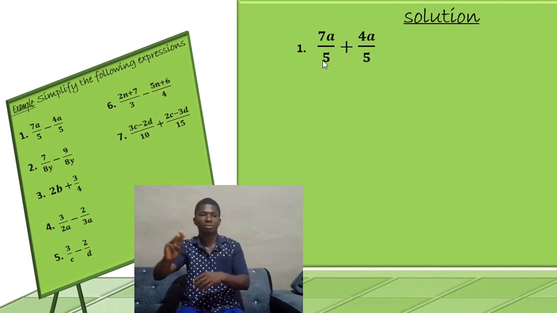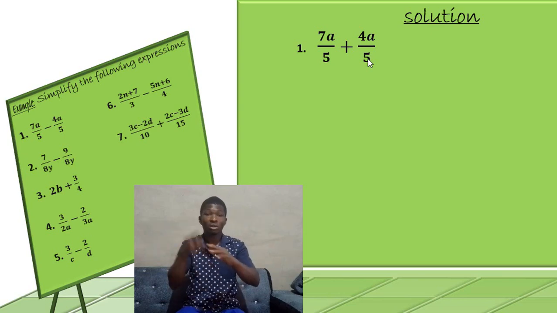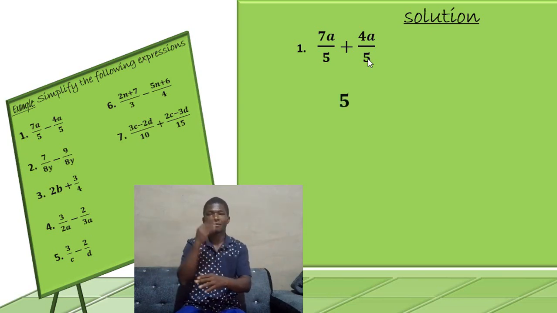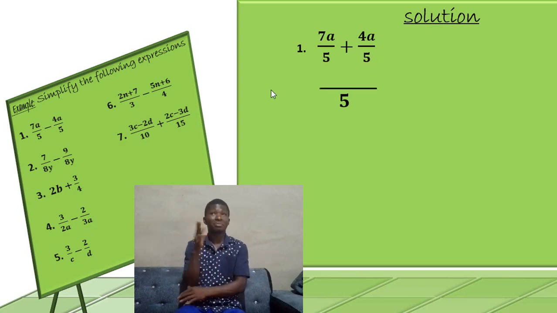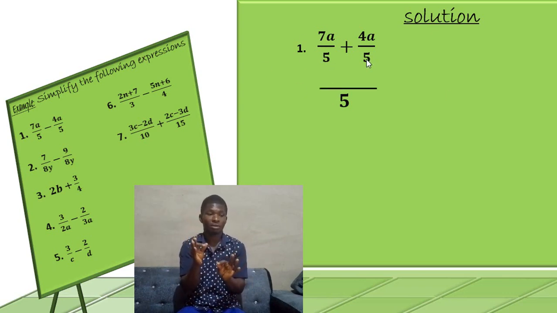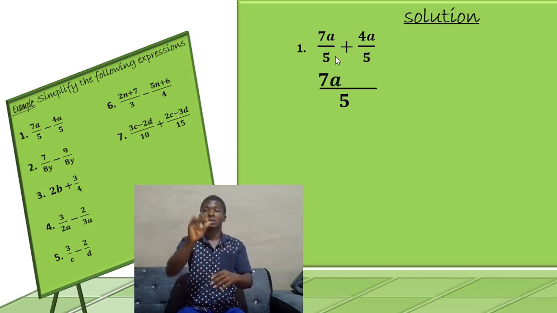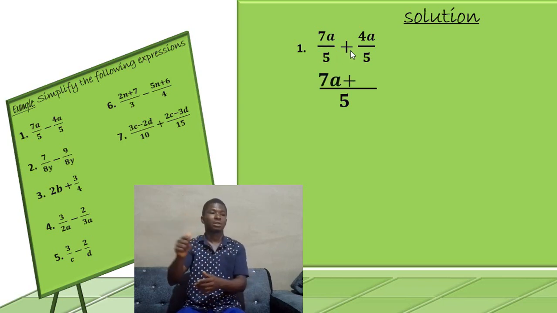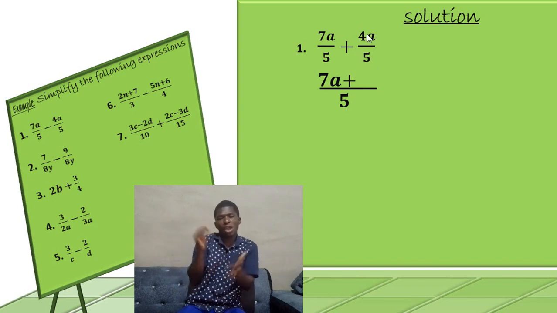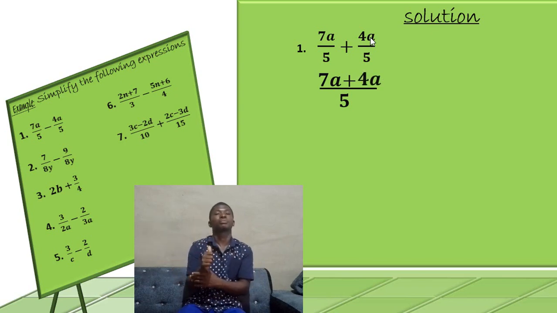My denominators are 5 and 5, so the LCM of 5 and 5 is 5. 5 divided by 5 is 1. Then 1 multiplying 7a is 7a. Then I have this addition sign. 5 divided by 5 is 1 again, so 1 multiplied by 4a gives 4a.